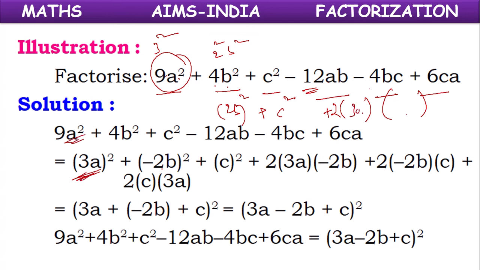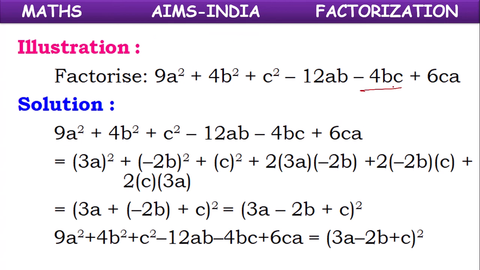If we take 3a as positive, 2 into 3, 6. This term to be negative, then only we will get minus 12ab. So here second term is 2b, but if you take simply 2b, plus will come. So that's why minus 2b we have to take. So that's why this second term to be written as minus 2b whole square.